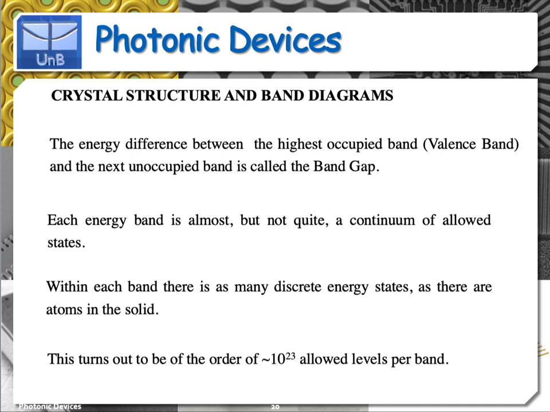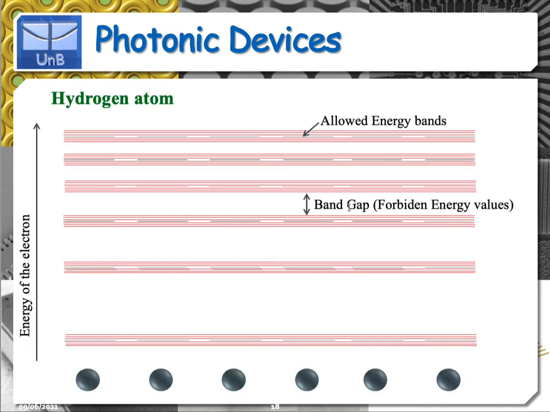Okay, so just before we finish, just to recap the concept of valence band and conduction band, as we saw, the electrons are going to fill these energy bands from the lowest to the highest energy.